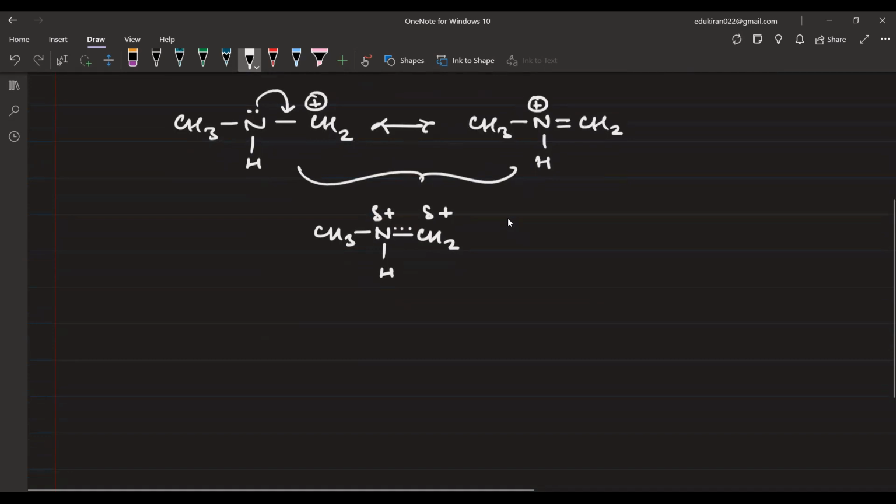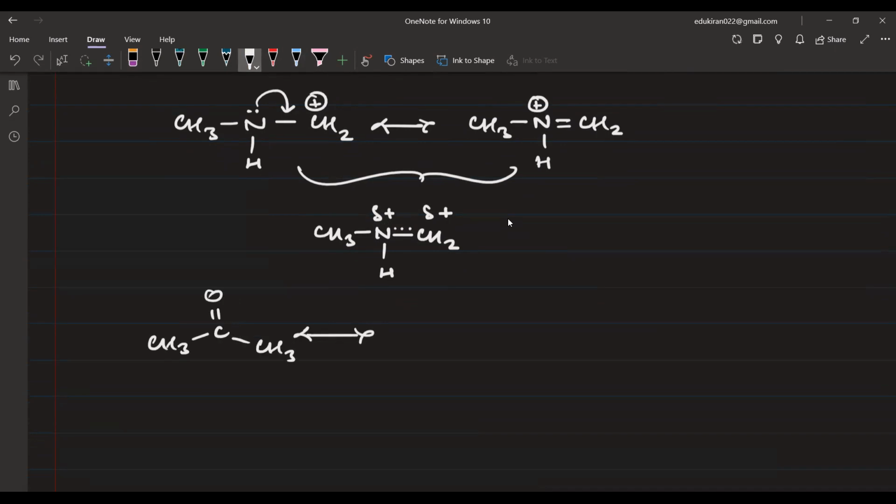Now, if you have any carbonyl carbon, aldehyde or ketone, it can also have a resonance structure. If you have C double bond O, then we have the structure CH3, C double bond O, CH3. Now, when this pi bond goes towards the oxygen atom, you will get CH3, C, CH3, single bond oxygen, oxygen with a negative charge and carbon with a positive charge.